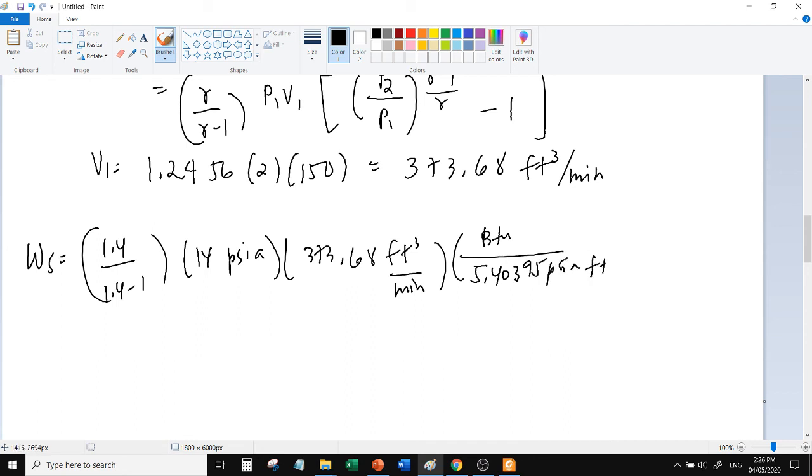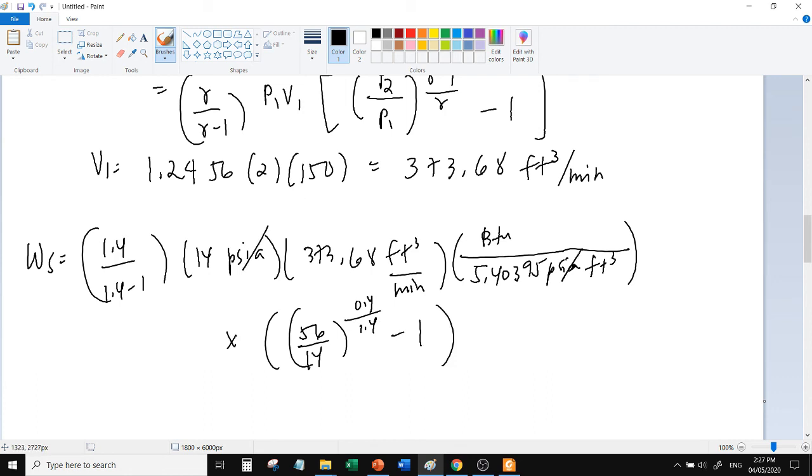So this conversion factor is unusual pero convert na natin. Everything multiplied by the ratio of the pressures. Para BTU per minute na siya.